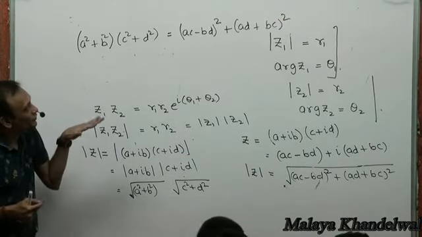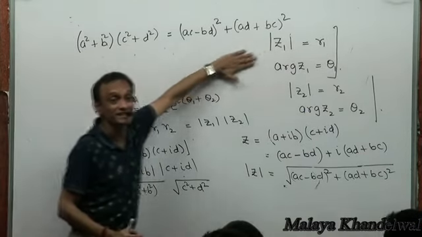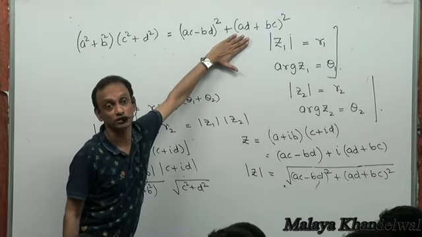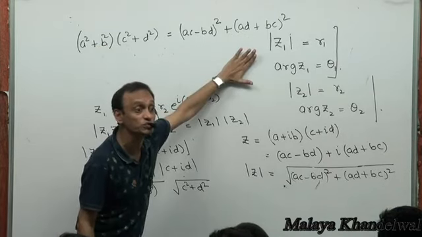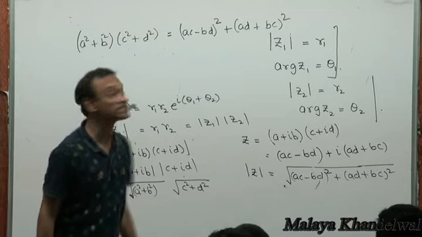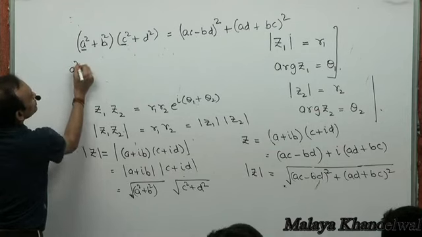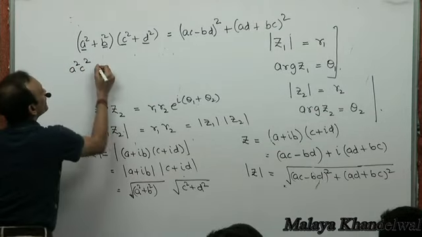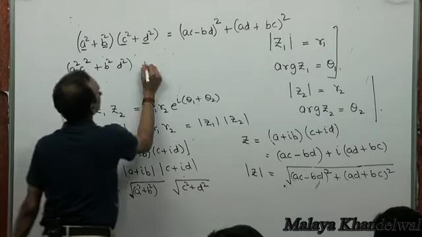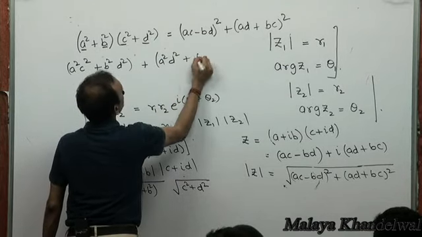Therefore, interestingly enough, I end up getting an identity. This expression should be identically equal to this expression. Algebraically, that's no big deal. You can establish that because if you actually multiply this, you get a squared c squared plus b squared d squared, then a squared d squared plus b squared c squared.